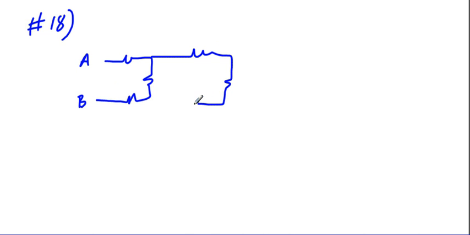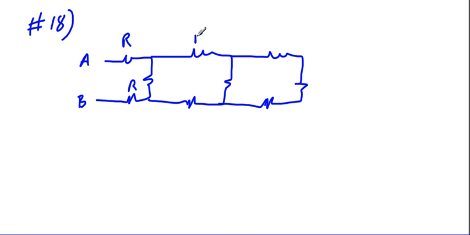Alright, so I've got A, and I have B, and I've got 1, 2, 3, 4, 5, 6, 7, 8, 9. Okay, and they're all R.